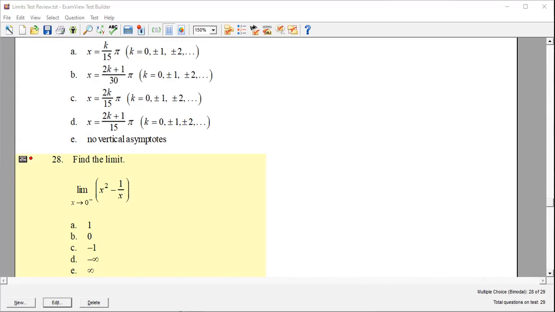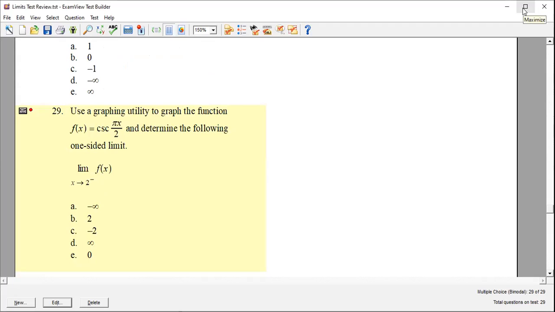All right, so your next one. What do you need to remember about this? What is cosecant? It's the opposite of sine. Here you go.